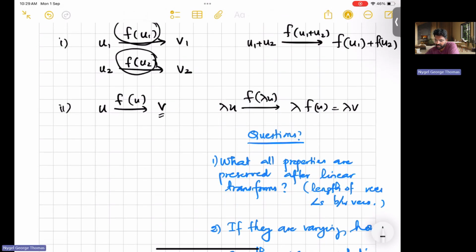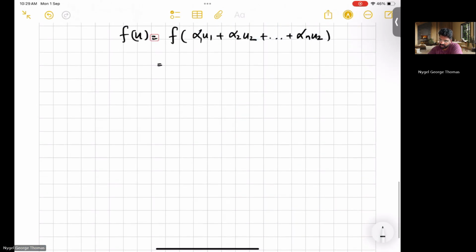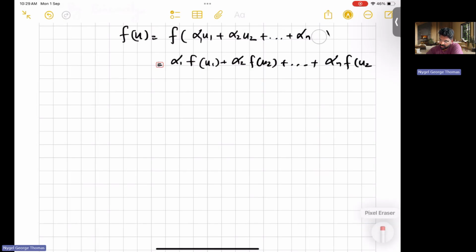And if you give a sum as the input, for a linear transformation you just take the sum of the outputs. So using the linearity property, we can write this as alpha 1 f of u1 plus alpha 2 f of u2 plus etc., plus alpha n f of un.